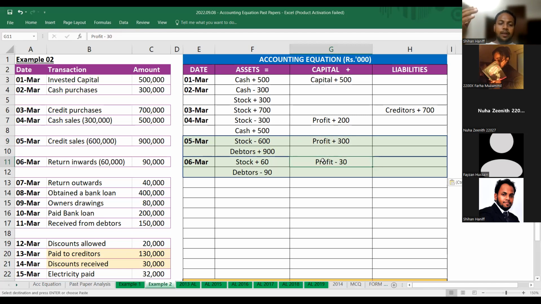The profit we added was reduced. When we are preparing the income statement, we adjust it through the inventory, the cost of sales. So don't write it as a loss. It's a reduction of profit. We sold, it had a profit, and when it is returned by the customers, the profit only reduced.